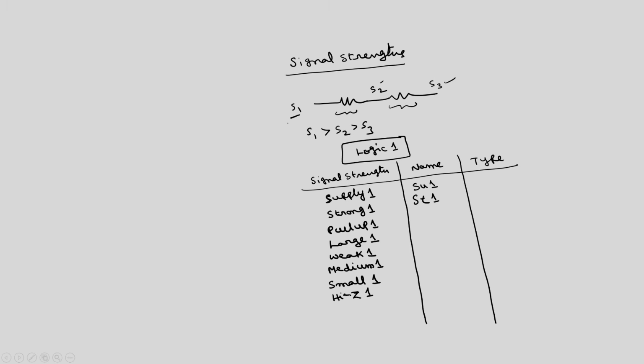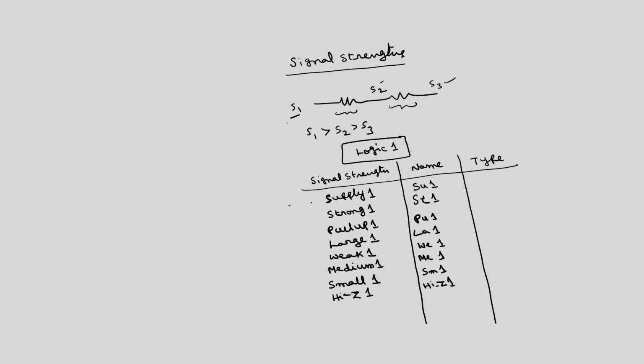Z stands for impedance. These are called PU1, LA1, WE1, ME1, SM1, high Z1. These are the names.